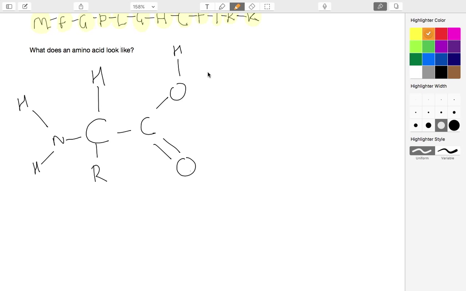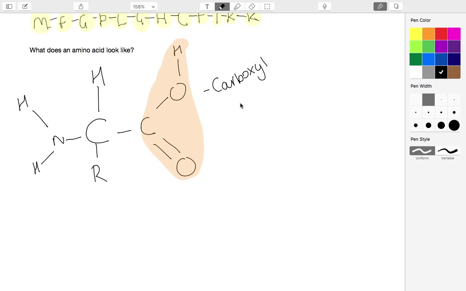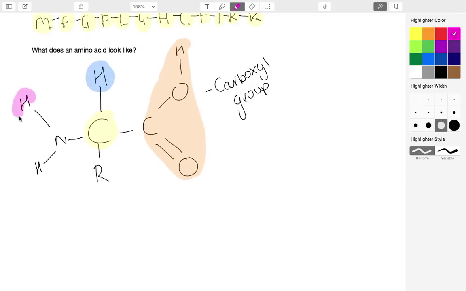So here, this is called our carboxyl group. This is your central carbon. This is your simple hydrogen.